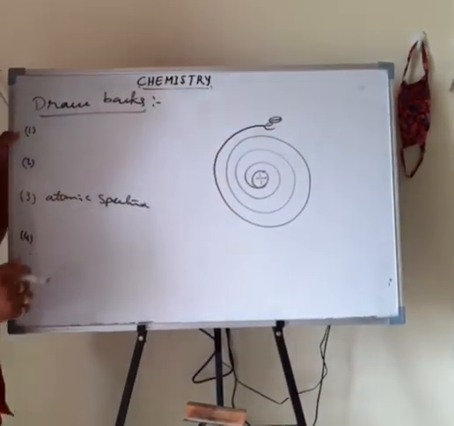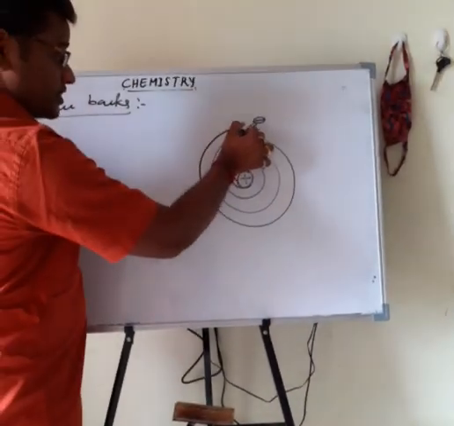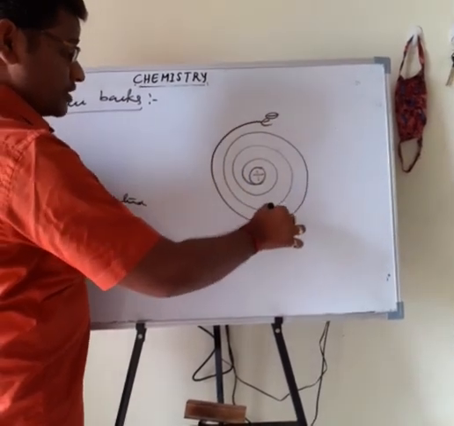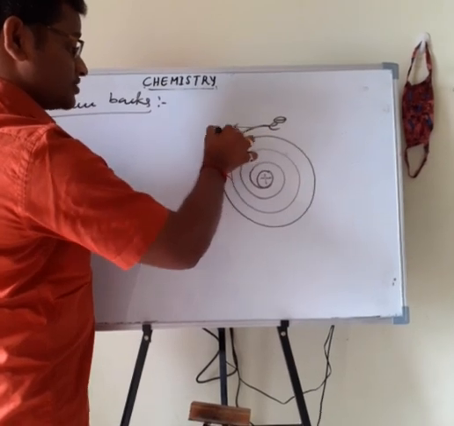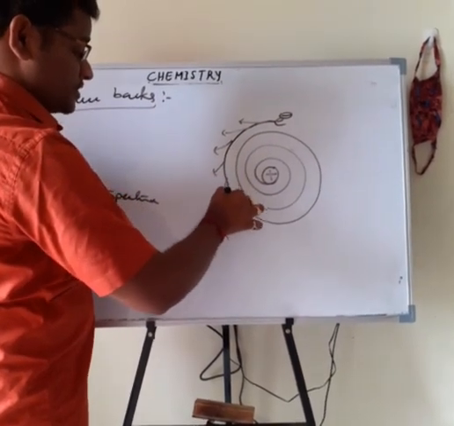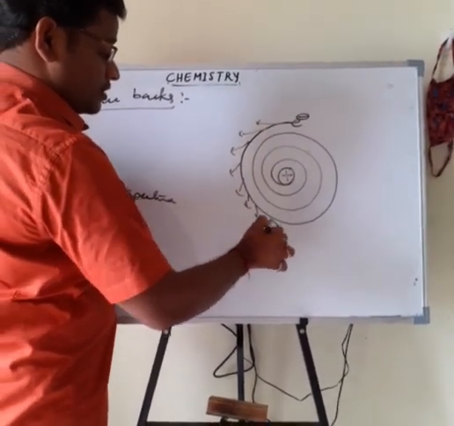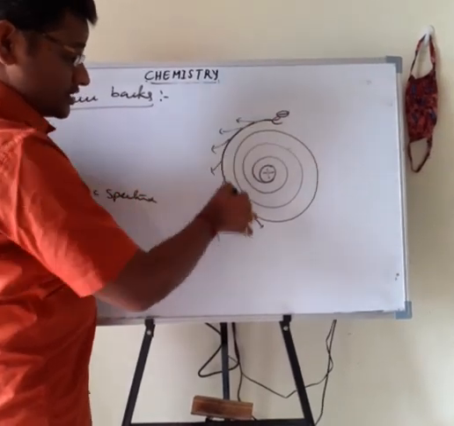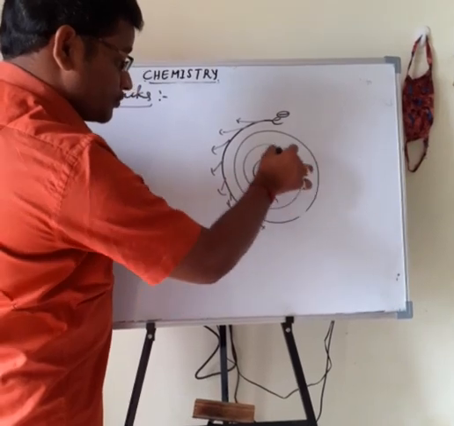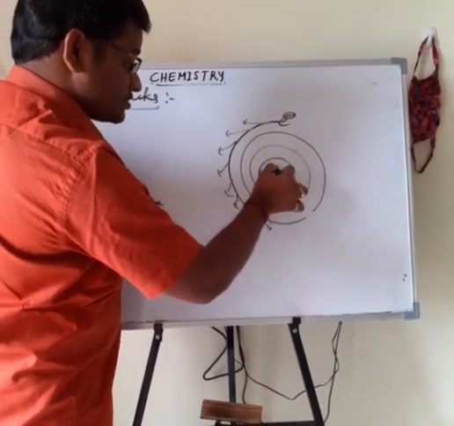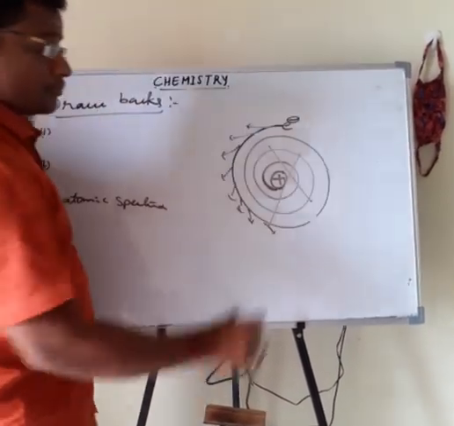And whenever the particle loses energy, it moves towards the nucleus. Finally, it falls onto the nucleus, and then the atom should collapse.